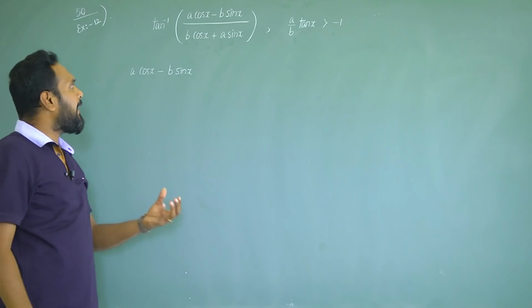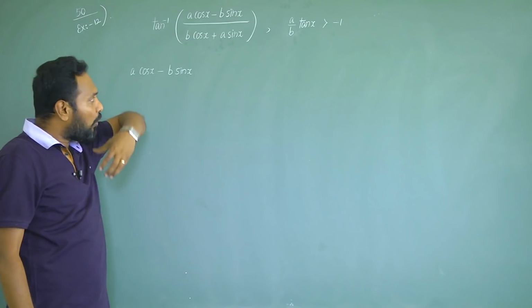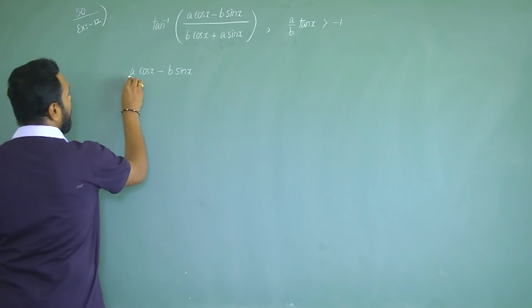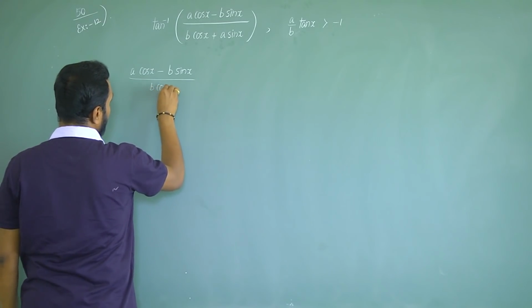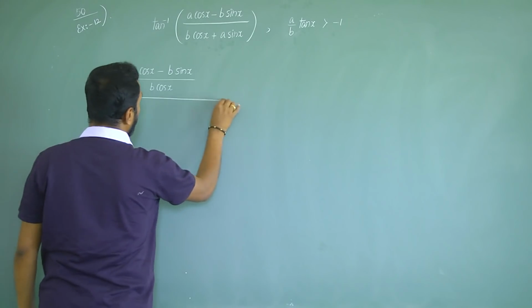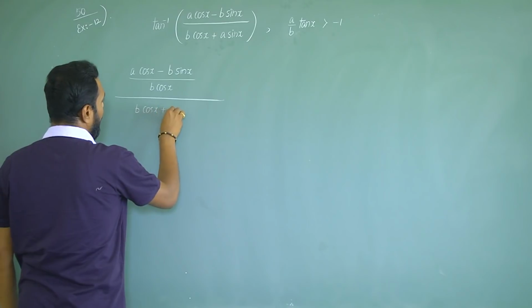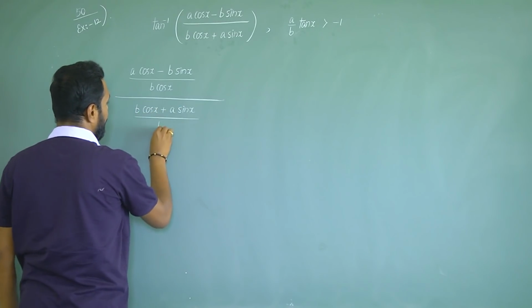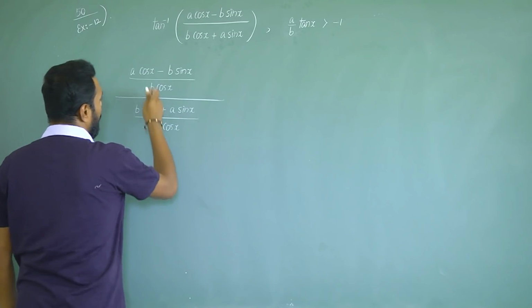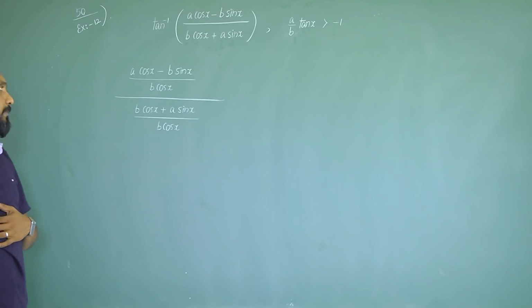Instead of taking it common directly, I am dividing by b cos x for the numerator and also for the denominator, so that the total value won't be affected.